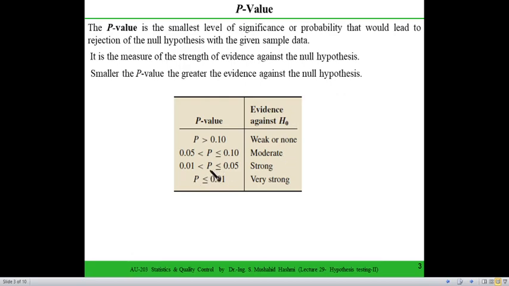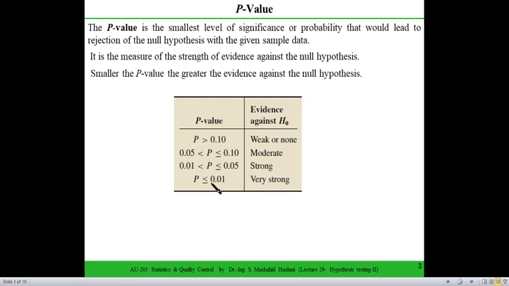If the p-value is less than 0.05, you have strong evidence against the null hypothesis. So if your significance level is 5%, then the cutoff p-value would be 0.05. Or if the p-value is much smaller, closer to 0 or less than 0.01, we have very strong evidence against the null hypothesis.